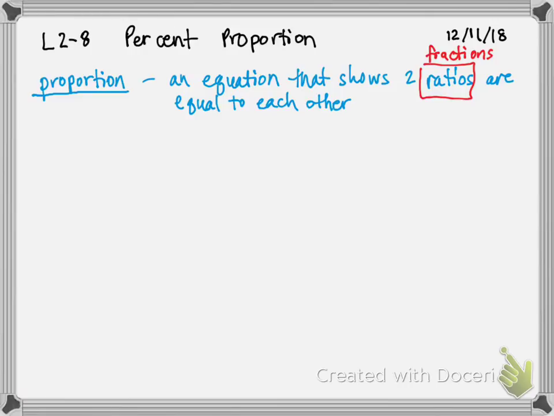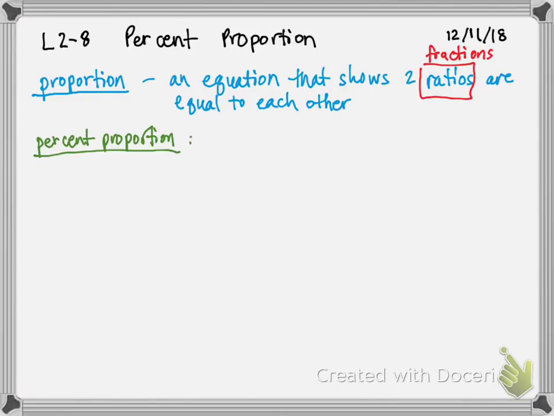So percent proportion has to be a proportion where we have two ratios that are equal to each other in which it involves a percent for one of those ratios. So a percent proportion looks like this.